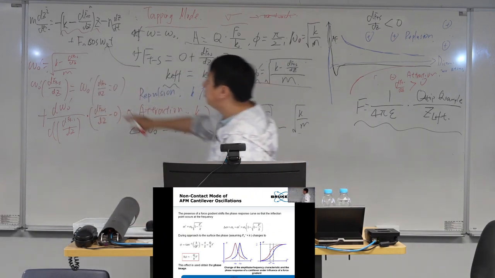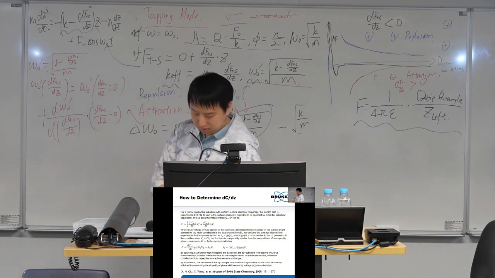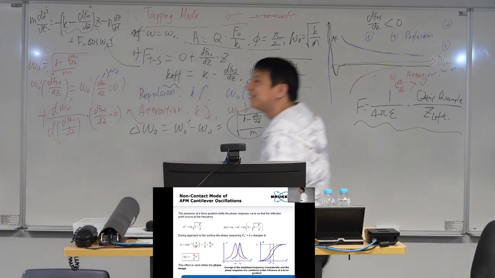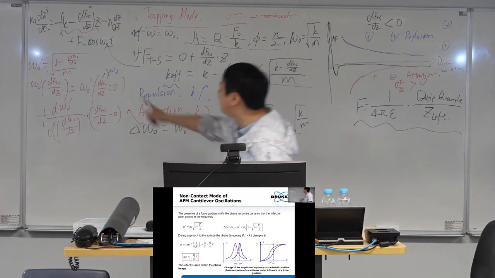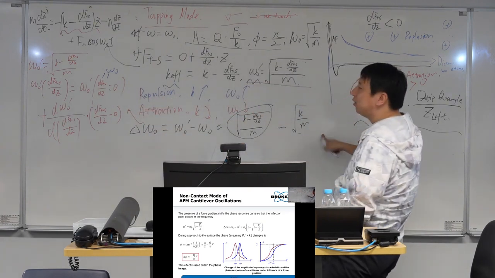What is this first term? It equals omega 0, which we already know is the square root of k over m.